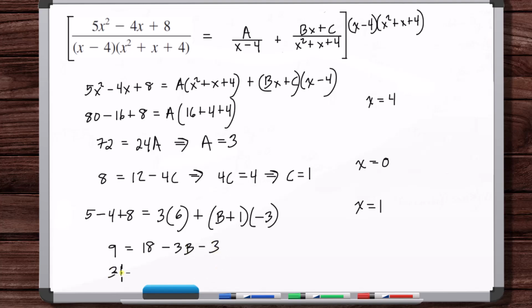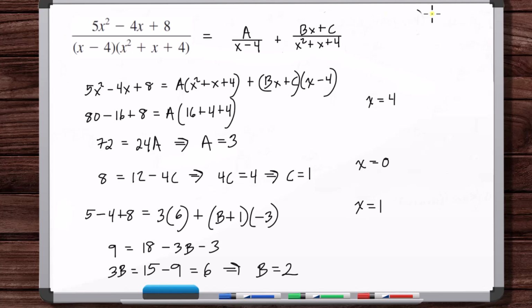So 3b is equal to 18 minus 3 is 15 minus 9 is 6. So b is equal to 2. All right, so a is equal to 3.